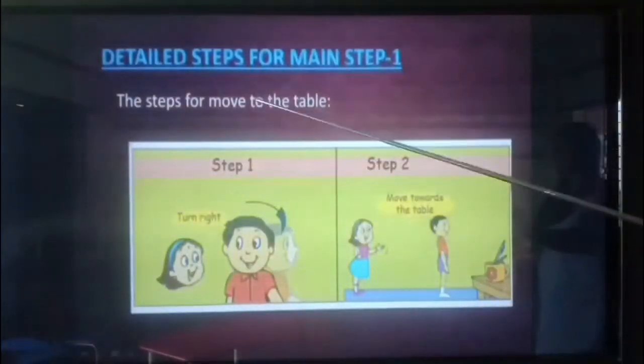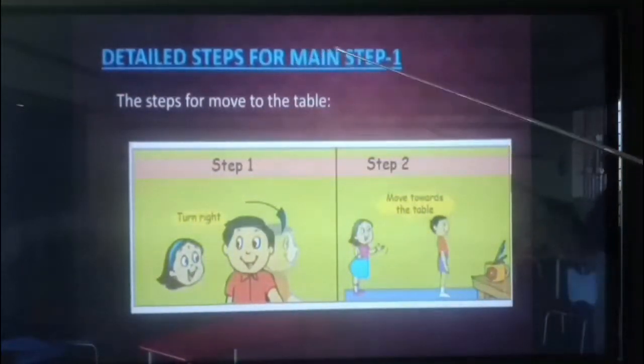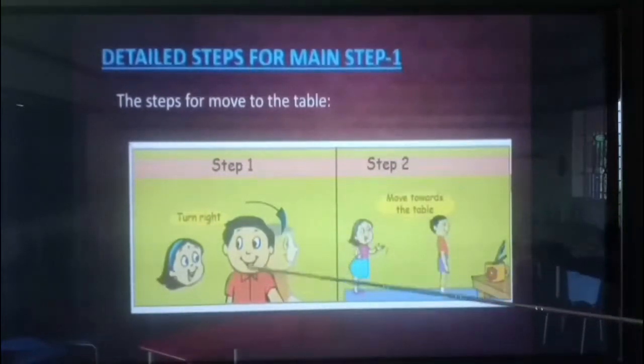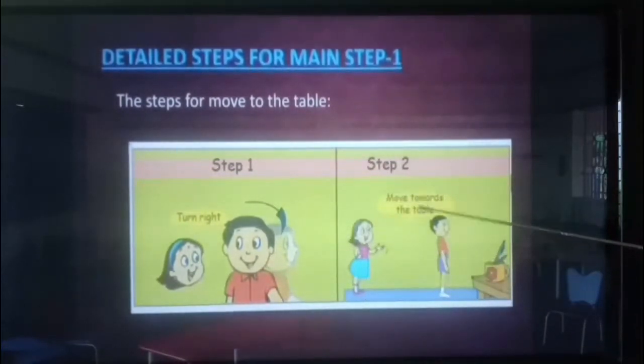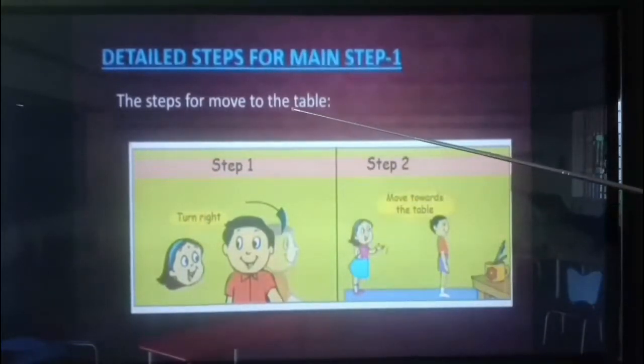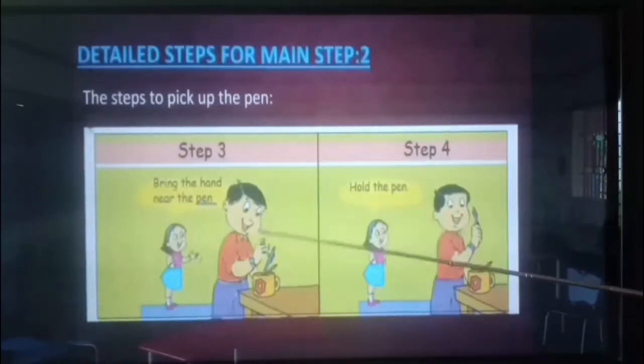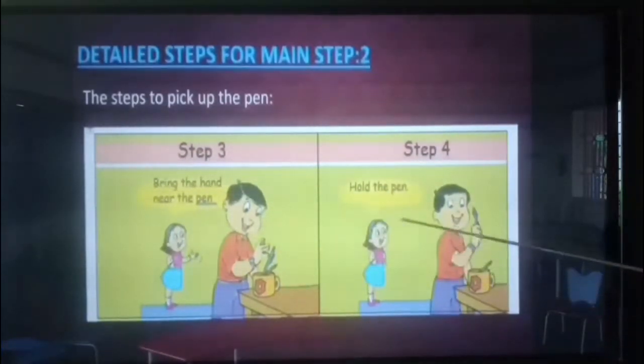Now, let us see the detailed steps. For main step 1, the step is to move to the table. Turn right, move toward the table are the detailed steps for step 1. Next, step 2, pick up the pen. Bring the hand near the pen.